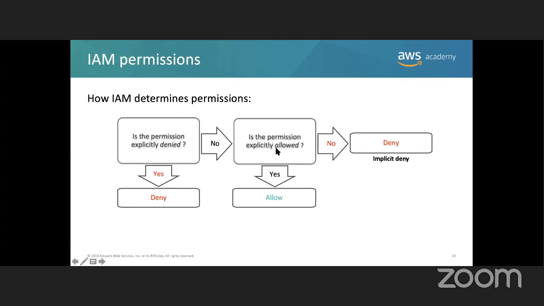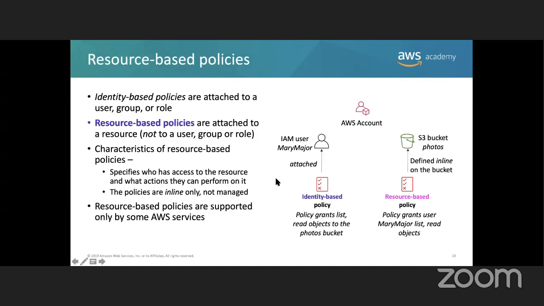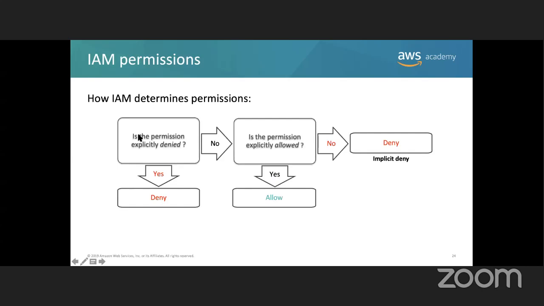If the entity is not explicitly allowed, meaning no one came and allowed the resource or the identity or the entity, then it's denied. But if someone came and explicitly allowed it, then it allows. Do you understand this, guys? When it says explicitly denied or explicitly allowed, it means that someone came and changed the permission.